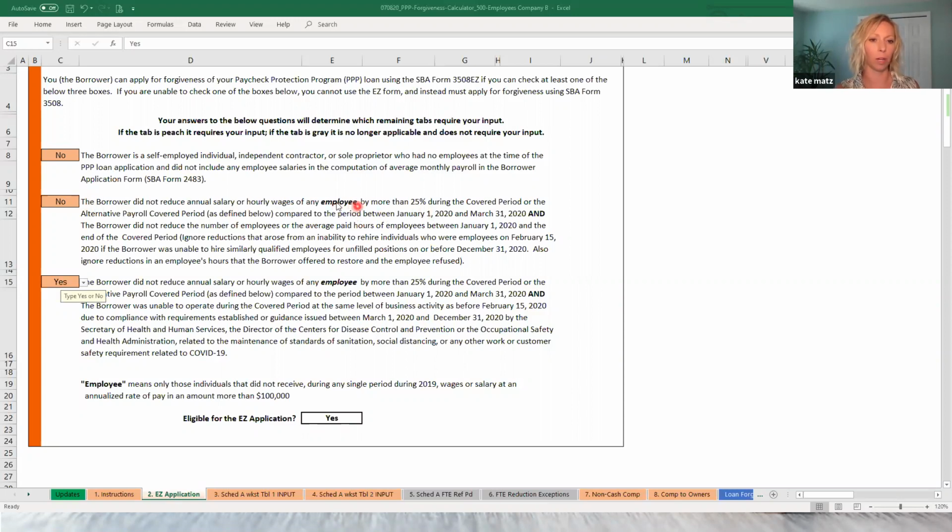We've got employee bolded here, and down here we explain a little more about what they mean. In this case, employee is only referring to folks that did not receive compensation of over $100,000 in 2019. If it is somebody that's highly compensated and reaches that threshold, then they get to be excluded from that. So if I understood the question right, I think you'd be good to go there.